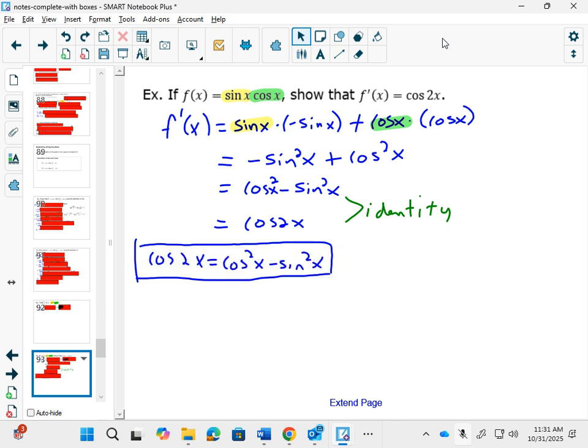AP really likes them. Alpha plus beta don't come up very often. We needed the alpha plus beta for the proof, but I said they're not going to ask you to prove it. They will put lots of double angle identities, especially sine and cos. Tangent doesn't come up very often. If you're choosing one not to memorize and hoping for the best, don't remember tan, because you can always change tan to sine over cos.